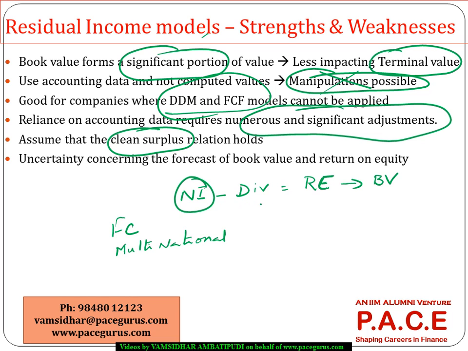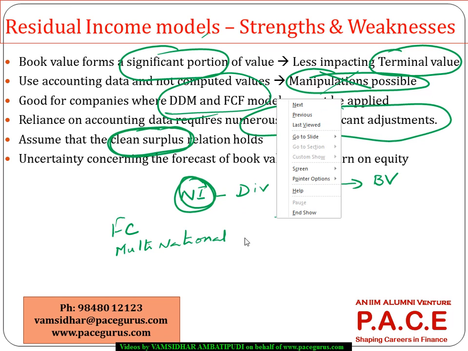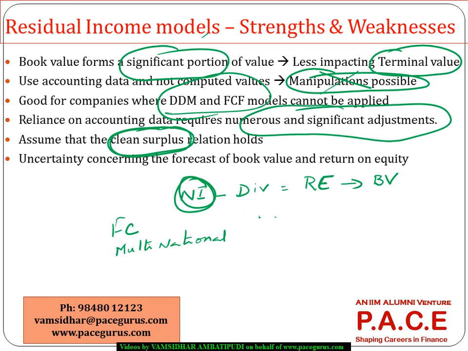those kinds of transactions will impact the clean surplus, because we are taking an entry not through the net income route but directly into the balance sheet, like the cumulative translation allowance, valuation allowance, foreign currency translation differences.